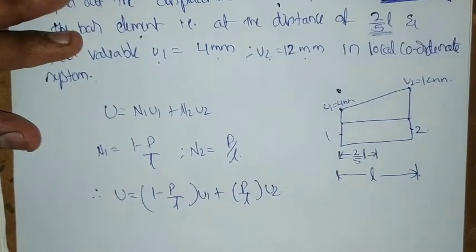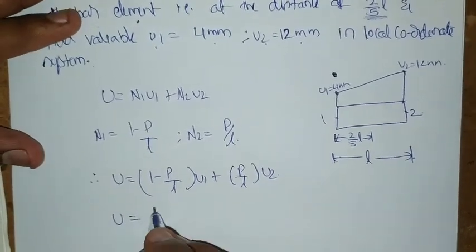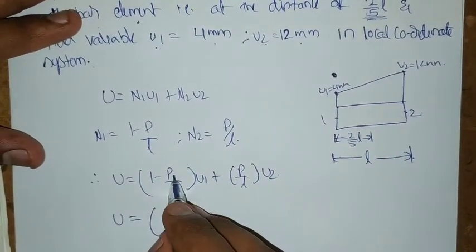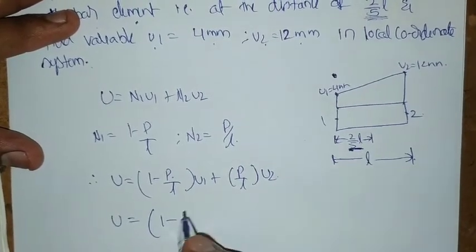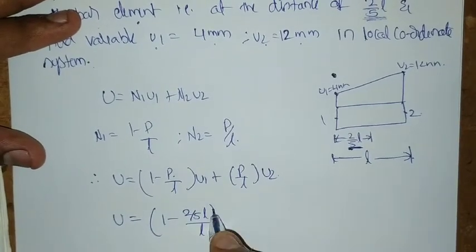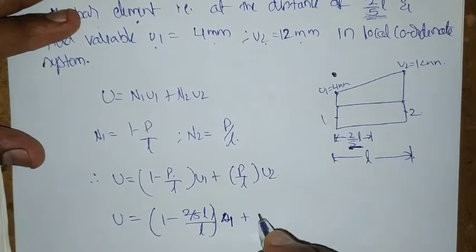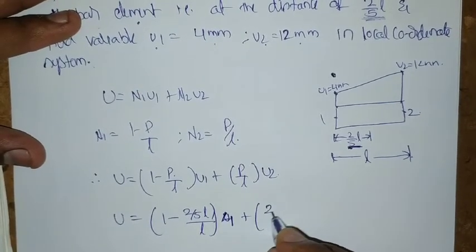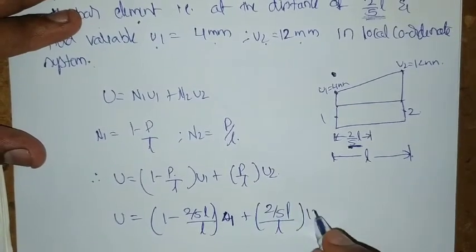Here p is nothing but the distance he has given, 2 by 5 L. So 1 minus (2 by 5 L) divided by L into u1 value given as 4 mm, plus (2 by 5 L) by L into u2, which is 12 mm.